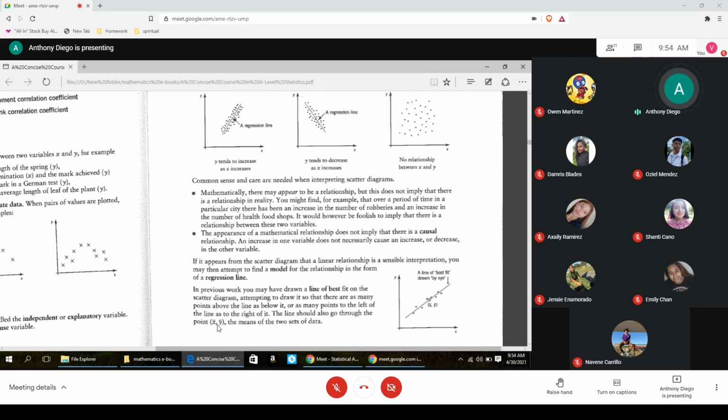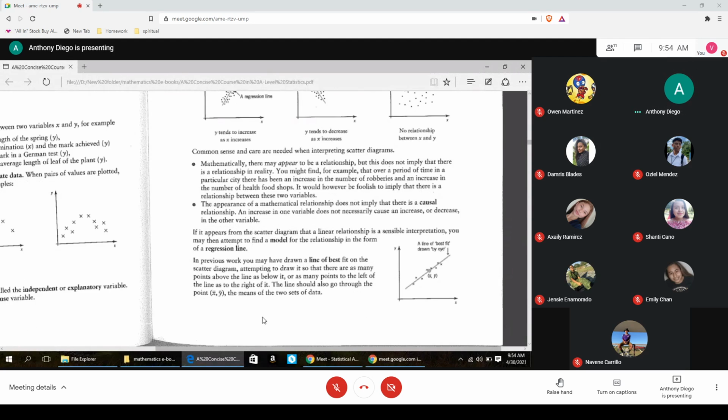You will do the same for the y values, finding the mean of the y values. Then whatever point you get there will serve as a reference or a guide to how you will be drawing your regression line, rather the line of best fit.